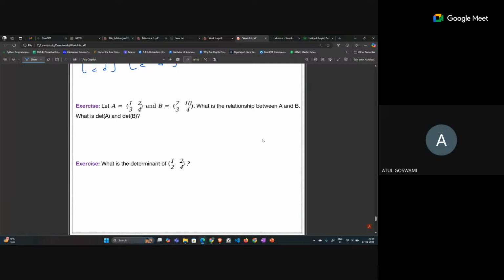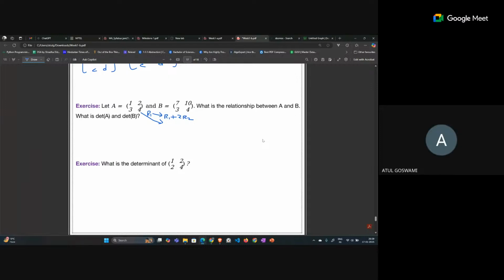So basically, in this we are applying the operation R1 plus 2 times R2; row 1 is changed. When you multiply R2 by 2, we get 6 and 8.